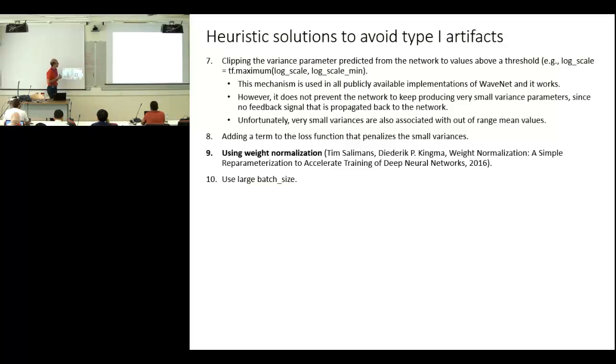And this works. Another idea is to add a term to the loss function that penalizes the small variances. Number 9 was proposed by Tim Salimans and Kingma, which is weight normalization, and this technique works very, very well. And another one: use a large batch size.